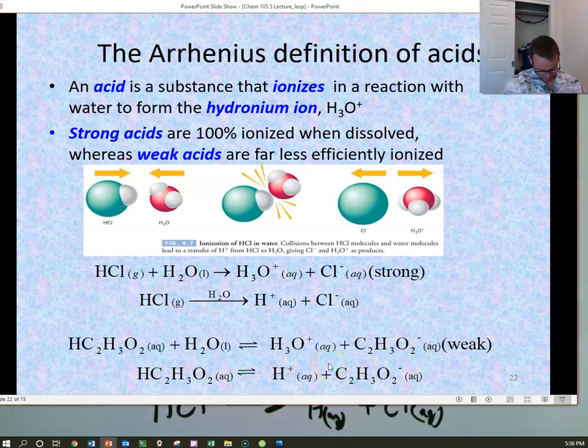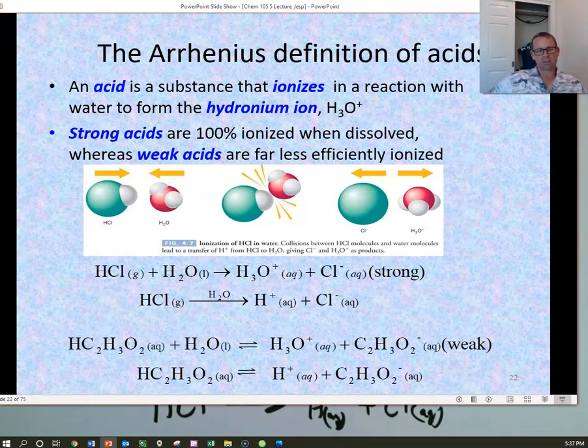But in this case, the hydrogen ion doesn't like to come off of the acetate ion. And as soon as it comes off, it will go right back on very quickly. And so what we have here is what we call a reversible reaction. This acetic acid dissociates and then goes back and forth very quickly.